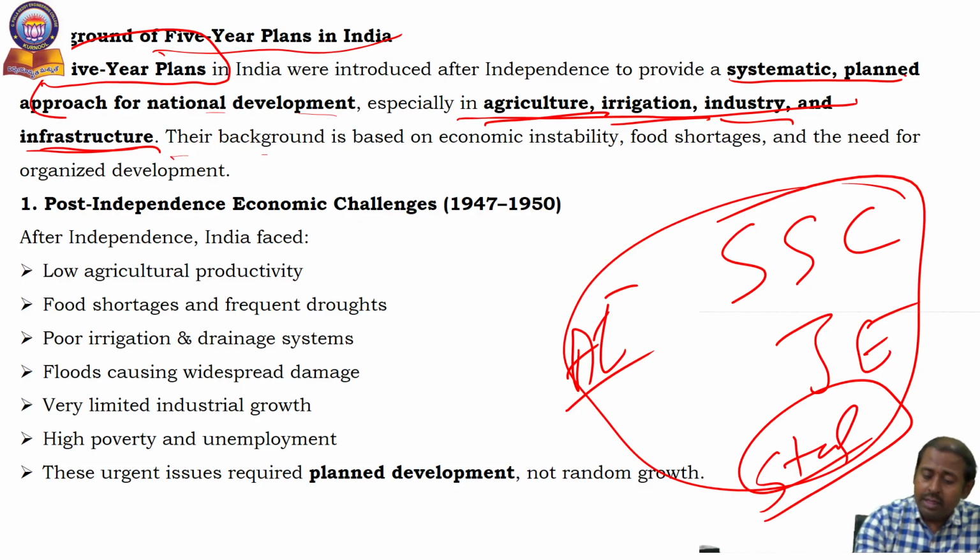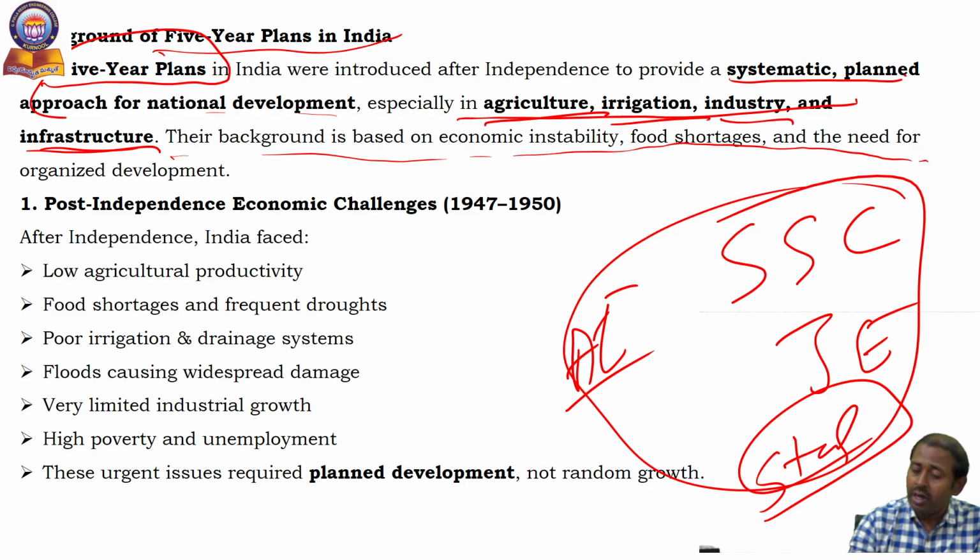The background is economic instability, food shortages and the need for organized development. Whenever the 5-year plan started, data was collected from different places: what was the main purpose of starting the 5-year plan and how to improve in the future. This is a very important initiative taken by India.